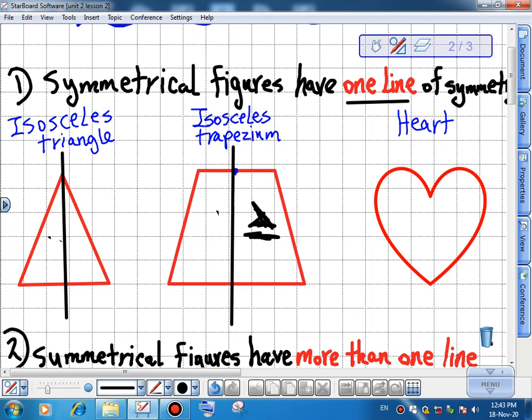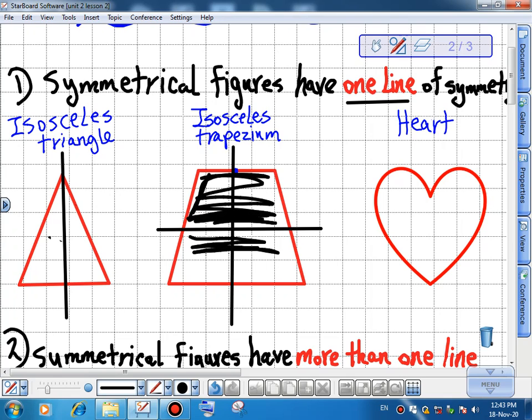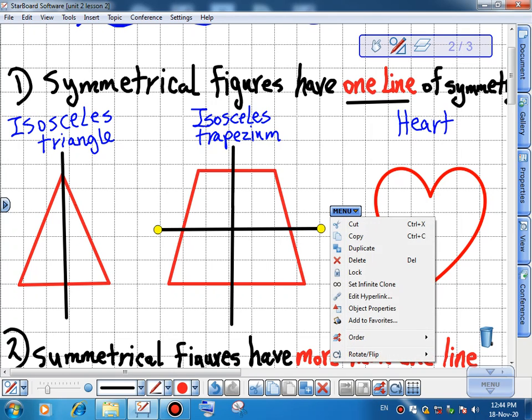If we cut this trapezium with another line like this, it is not a line of symmetry, because the up part is not the same as the down part, it is very different. And this line in the middle is not a line of symmetry because the two parts do not match exactly. So the isosceles trapezium has only one line of symmetry.